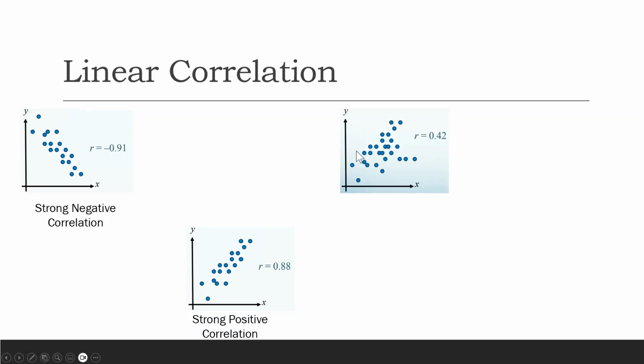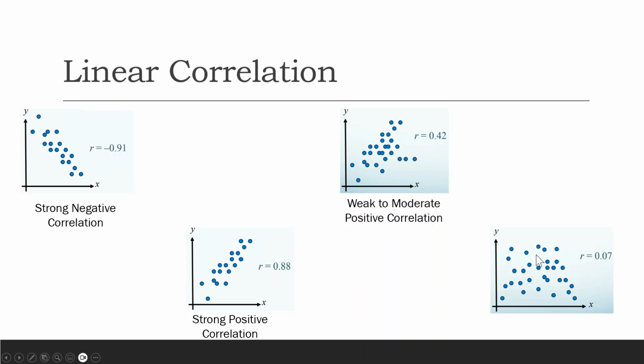Now, you'll see examples like this where the correlation is around 0.4. This is a weak getting to moderate. I think about 0.4, 0.5, we start to say it's getting to moderate. I would call this a weak to moderate positive correlation. And of course, if there's just a bunch of scatter, we'll say that there's a weak or no correlation, right?